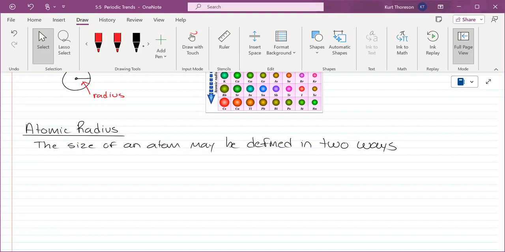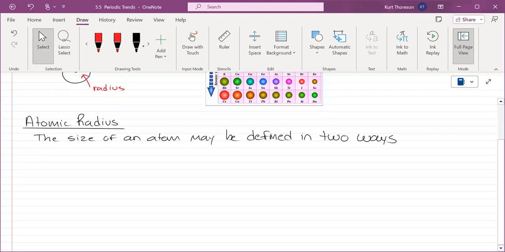Everything on this periodic table behind me, all 118 elements, are represented by atoms. Carbon atoms, hydrogen atoms, uranium atoms, and so on. Every atom is a different size. There are small atoms, there are big atoms. No matter what element it is, you can determine its size, and whether sizes are getting larger or smaller can be determined with a trend on the periodic table. And this is why we use the periodic table as it is.